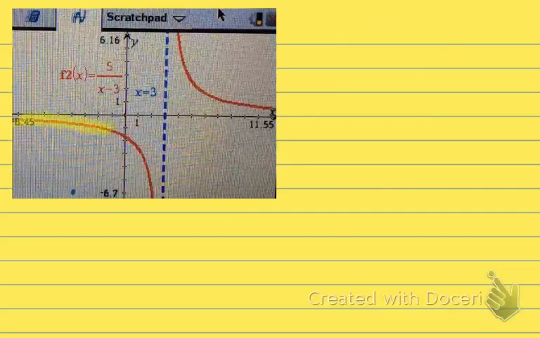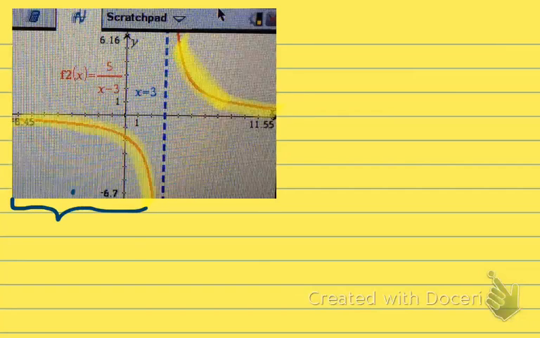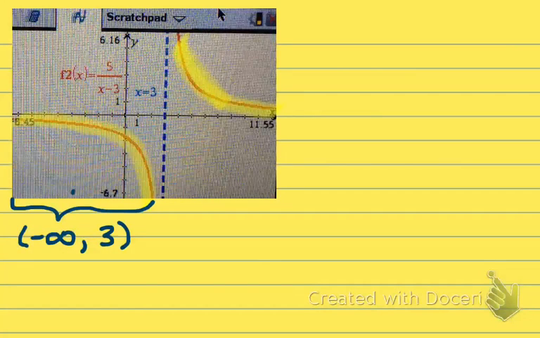I have one piece here and a second piece here, and these correspond to the domain that we just wrote. This piece corresponds to from negative infinity to 3, but not including it, and this piece corresponds to 3 to infinity.